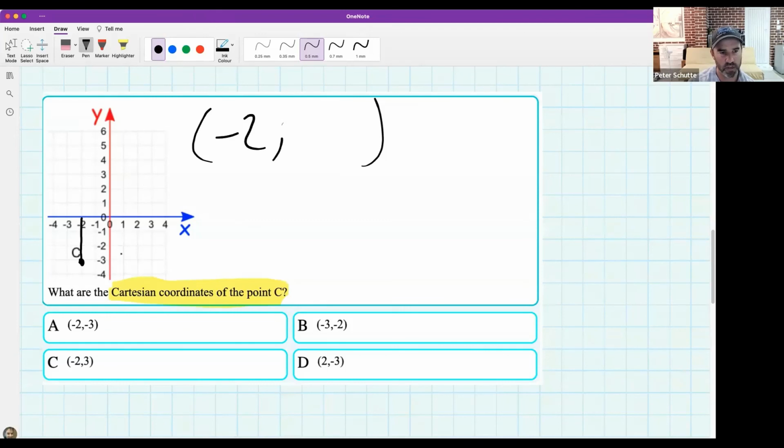What's it in line with on the y-axis? It looks like it's in line with -3 on the y-axis. So the final answer, guys: is there an answer which is -2, -3? It's going to be A.